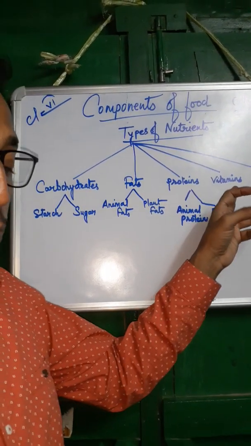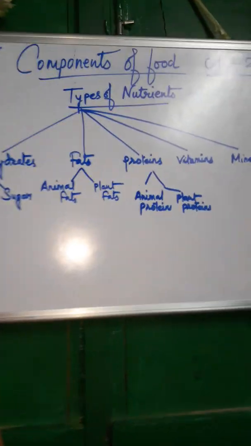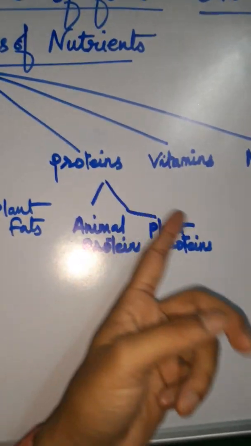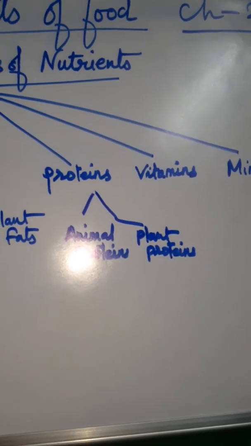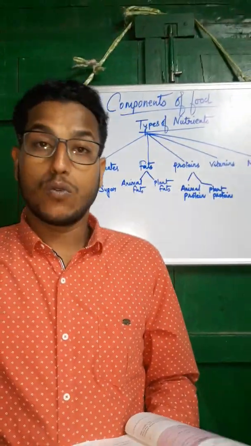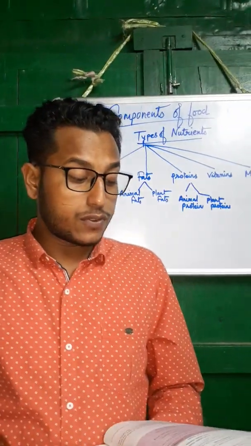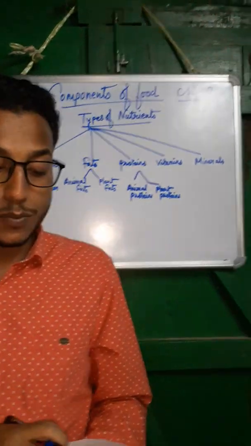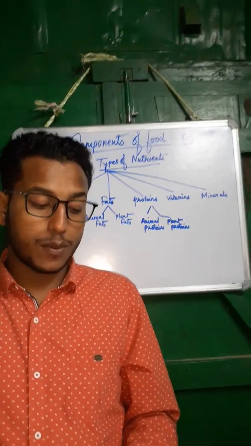Vitamins protect our body from diseases. They also help to keep our bones, teeth, gums, and eyes healthy. Food items containing vitamins are called protective foods. Though vitamins are required by the body in very small quantities, they are very important for the proper functioning of the body.